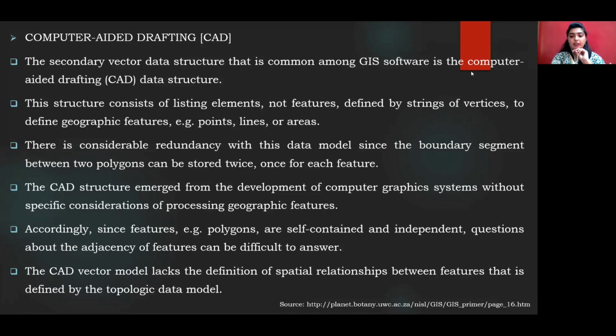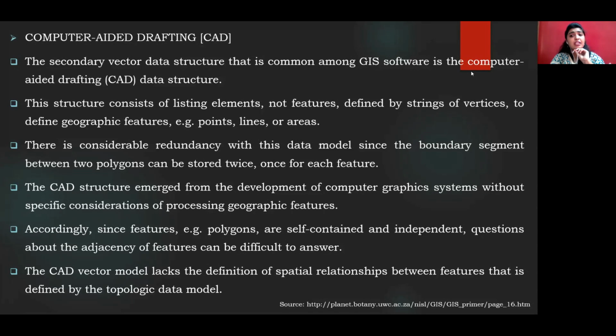So say there are two buildings side by side, just stuck to each other. There's one common boundary, and that common boundary may be depicted twice in the CAD feature. That's why we call it redundancy of the data model.